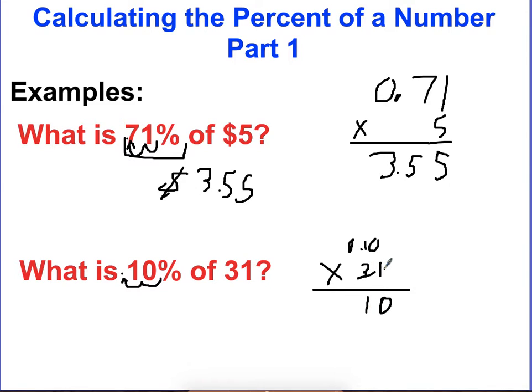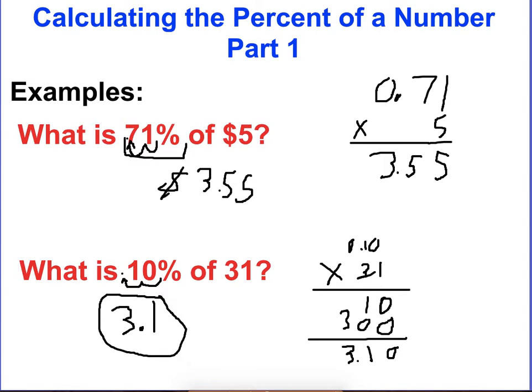Then I go to my tens place, so I start with a 0. 3 times 0 is 0. 3 times 1 is 3. Add those together. And then I look at originally I had 2 decimal places. So my answer is 3.10 or 3 and 1/10. Remember, after the decimal, I don't need the trailing zeros.